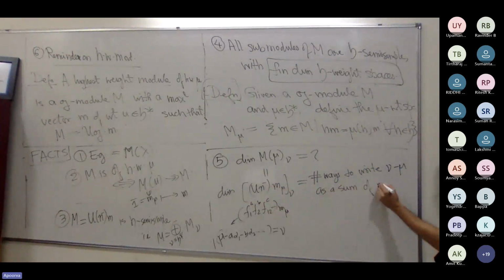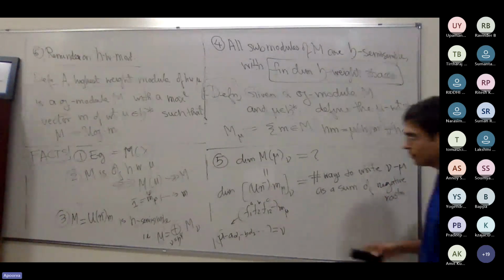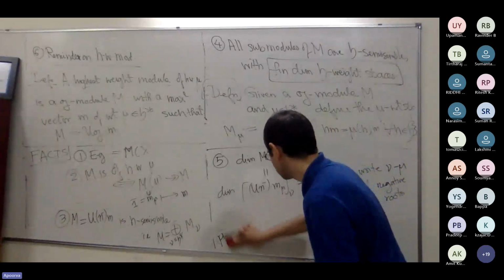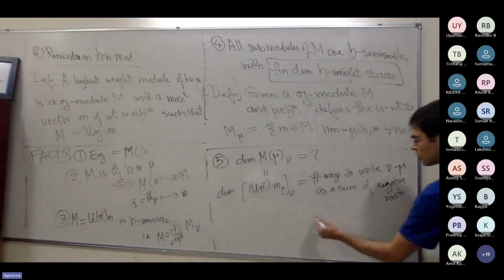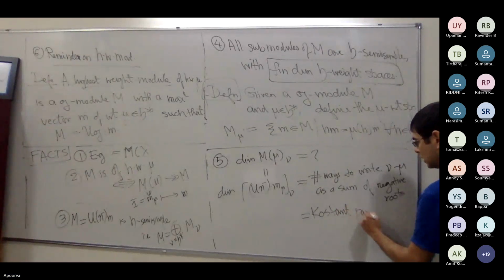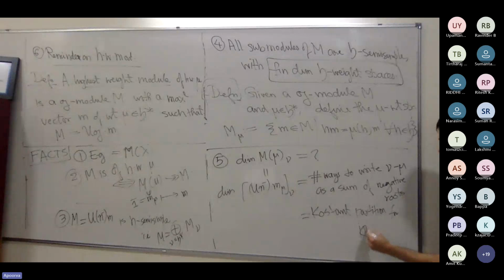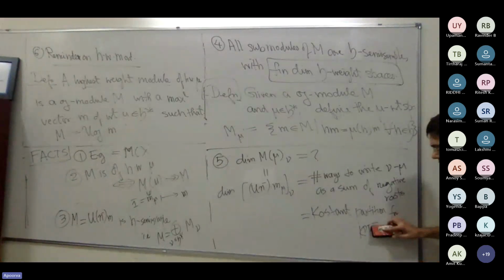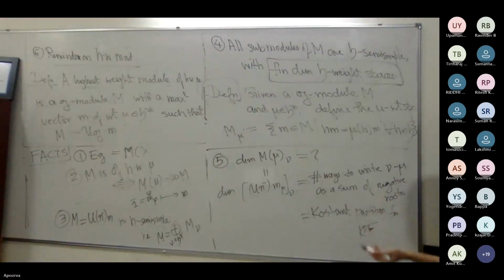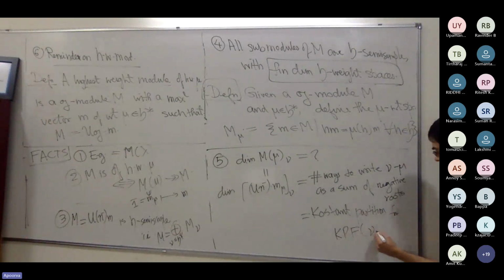Therefore, as a sum of negative roots. I'll do an example in less than a minute. This is called the Kostant partition function, KPF, maybe I'll just call it KPF. Is there a notation for it? This is some little p or something. KPF of lambda minus mu.